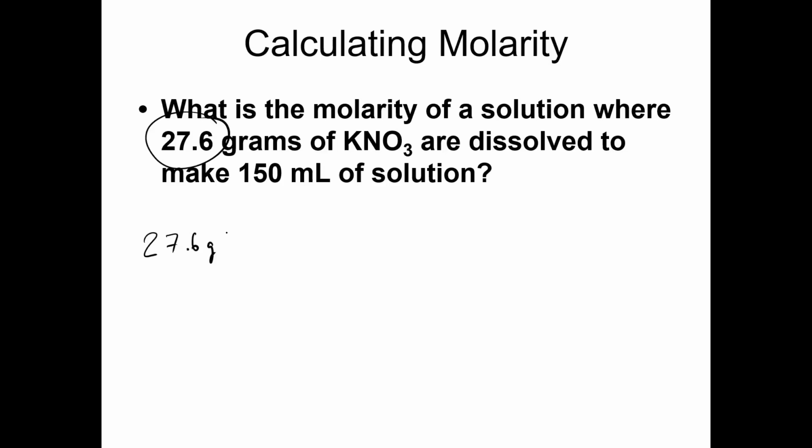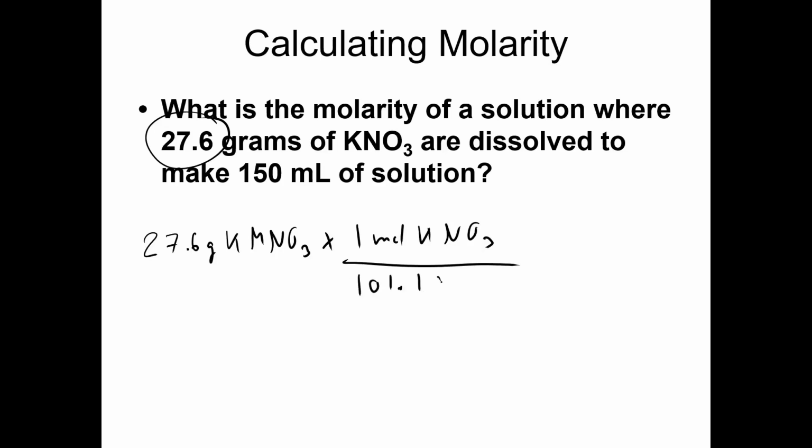27.6 grams of KNO3 times 1 mole of KNO3 divided by 101.106 grams of KNO3. That's the gram to mole conversion. This gives me 0.273 moles of KNO3.